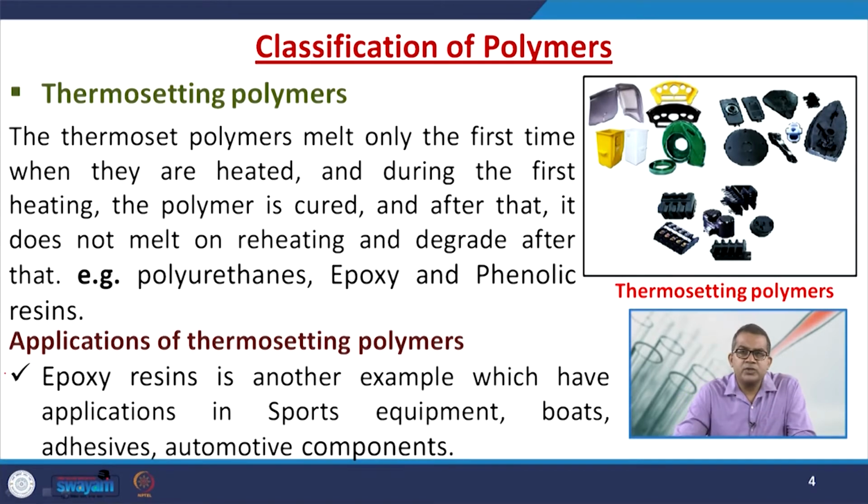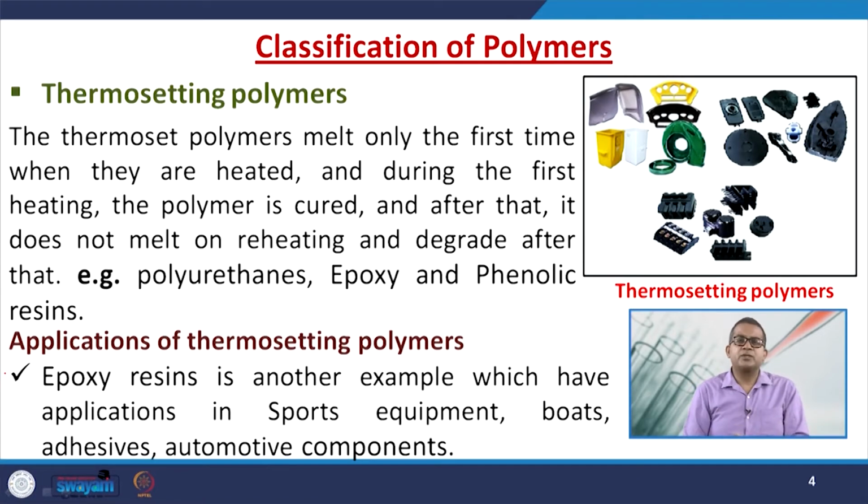These thermoset polymers melt only the first time when they are heated, and during the first heating of the polymer they are usually cured. After this, they do not have the tendency to melt. Therefore, reheating or degradation of these particular polymers is very difficult or practically impossible.